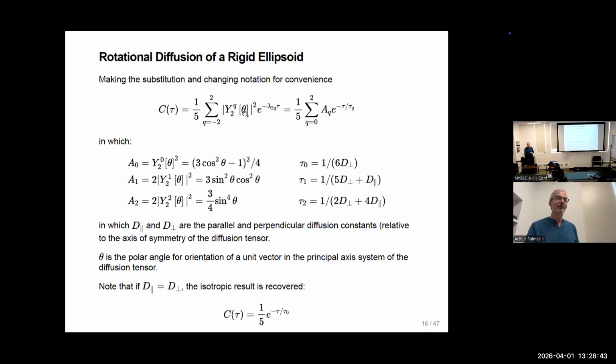So phi of 0 would mean you were pointing along the symmetry axis of an American football. Phi of 90 would mean you were pointing along the equator of an American football. So those are the weighting factors from the spherical harmonics, and then there are three different time constants depending upon the axes that you're rotating around.